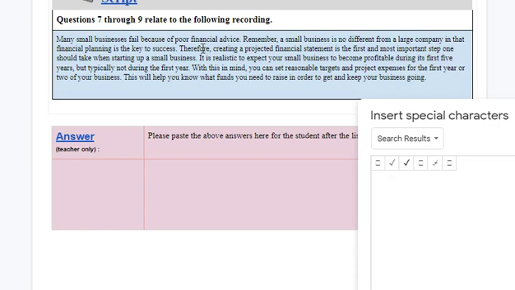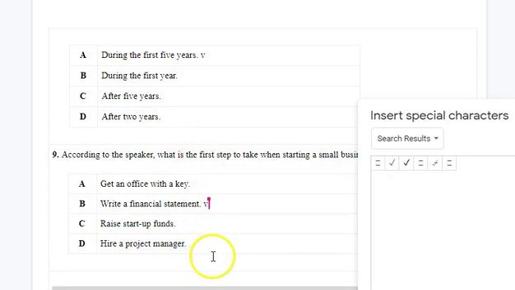It is realistic to expect your small business to become profitable during its first 5 years, but typically not during the first year. With this in mind, you can set reasonable targets and project expenses for the first year or two of your business. This will help you know what funds you need to raise in order to get and keep your business going.